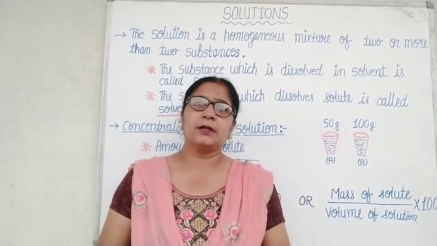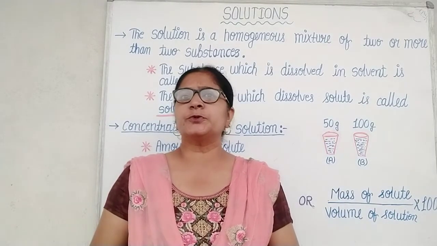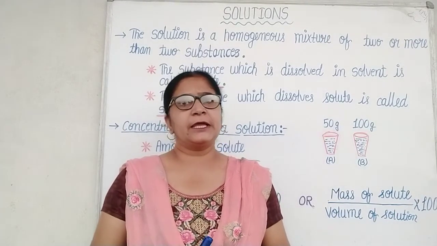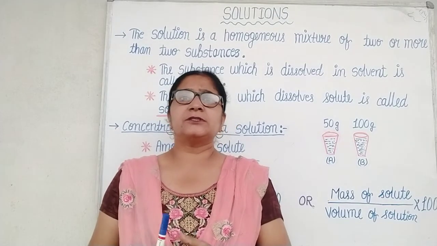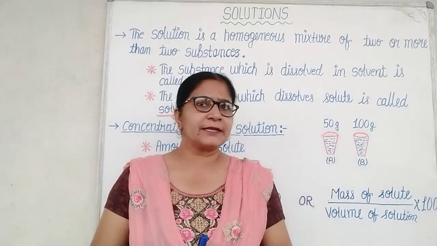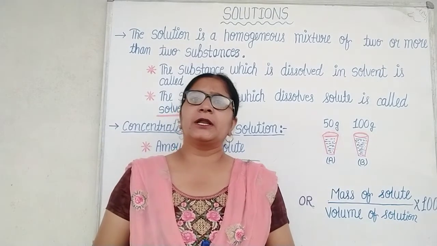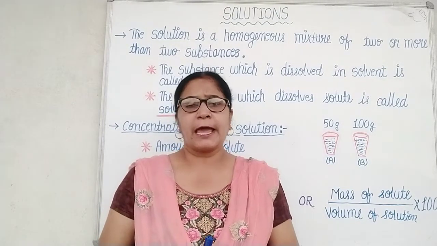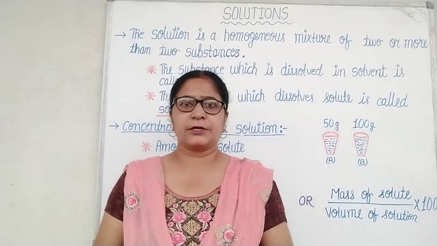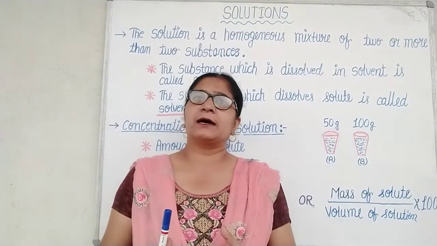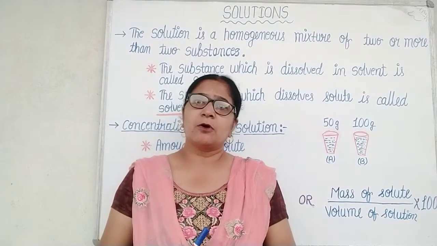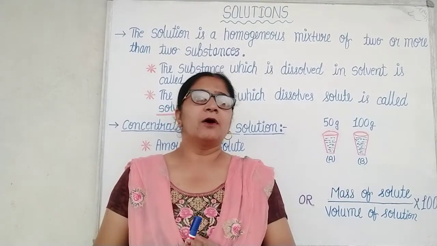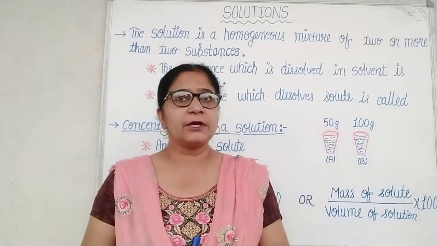For example, if we take 2 spoons of salt and mix it in 1 glass of water, what do you get? A solution. So here salt is the solute and water is the solvent, because water is in bigger quantity and also water is the one which is dissolving salt.